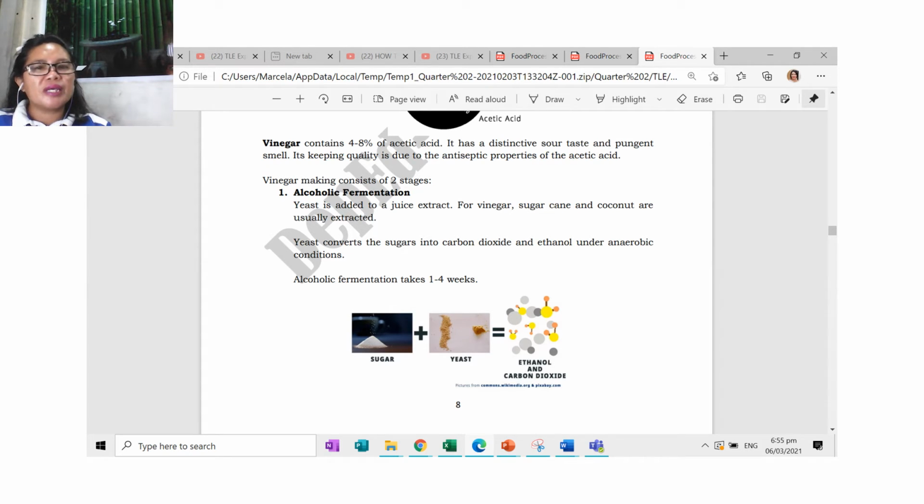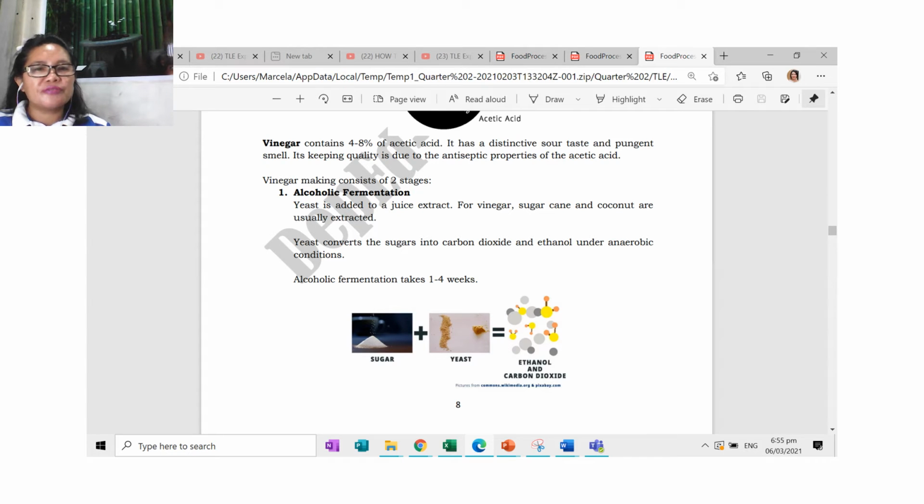So vinegar making consists of two stages. Number one is the alcoholic fermentation. The yeast is added to a juice extract. For vinegar, sugar cane and coconut are usually extracted.